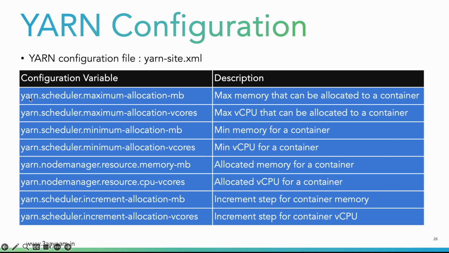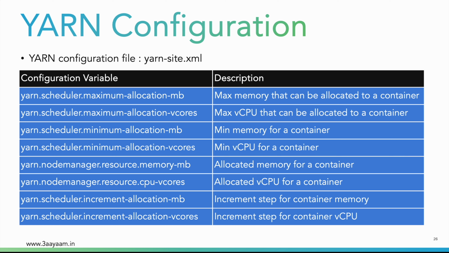The first one is yarn.scheduler.maximum-allocation-mb, and it tells you the maximum memory that can be allocated to a container. So let's say you have 512 GB of memory, and you say that the maximum allocation MB is 50 GB. That means a container cannot be created with a memory of more than 50 GB.